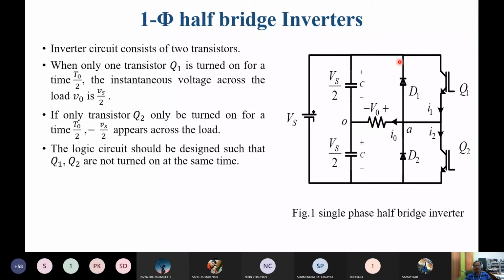The current will flow through D1. Current through this is zero. This is off, and current will start flowing in the opposite direction. Just remember Q1, D1, D2, Q2.